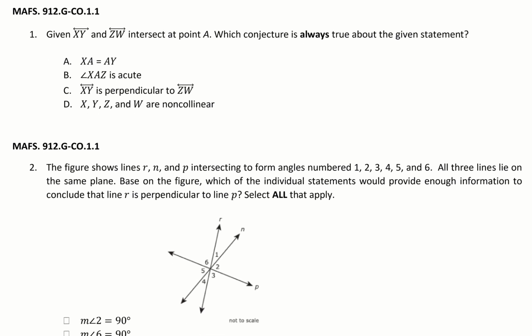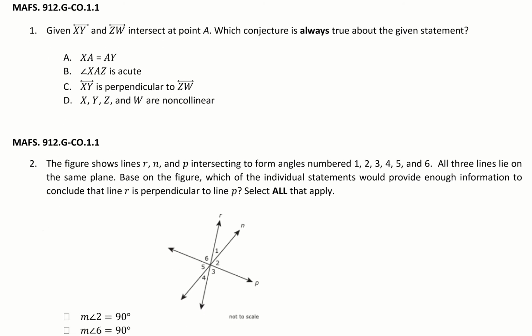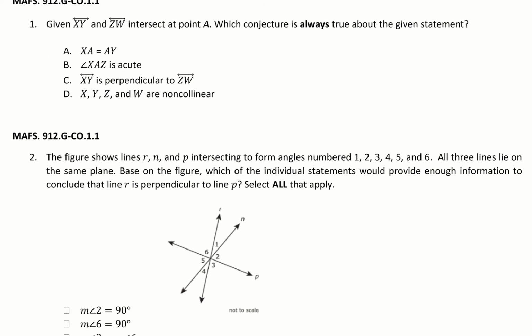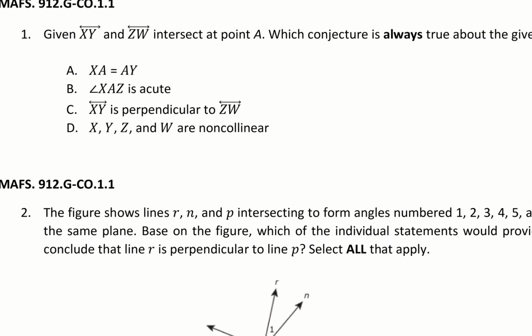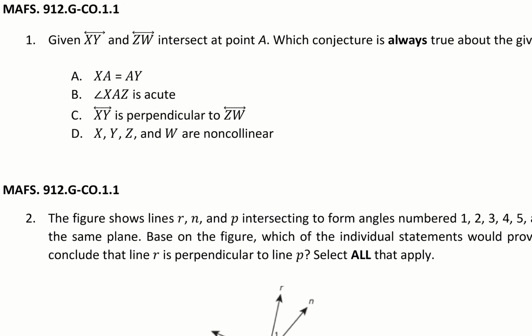So let's see here. We have for the first one, given XY and ZW intersecting at point A, which conjecture is always true about the given statement? So we have to select the conjecture that is true no matter what.